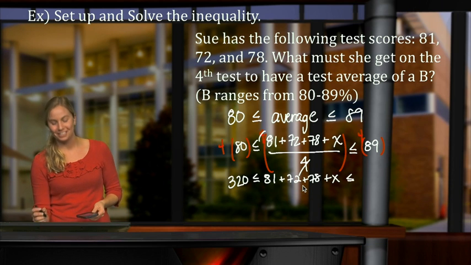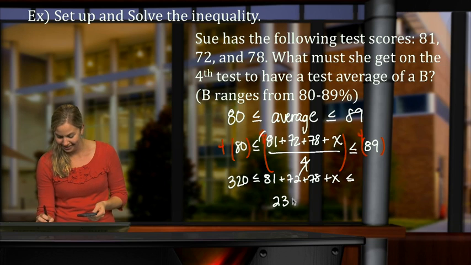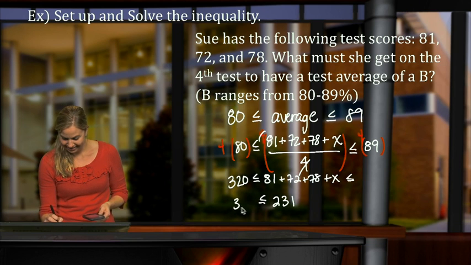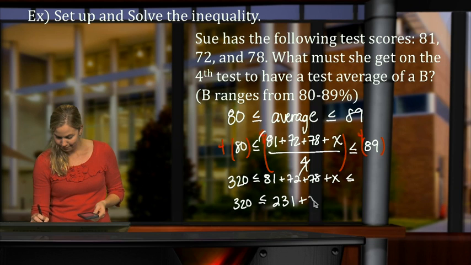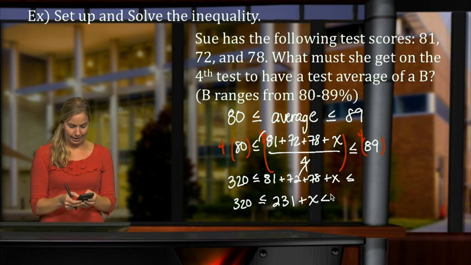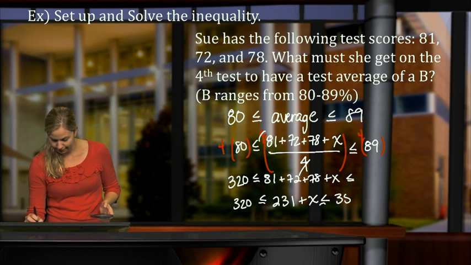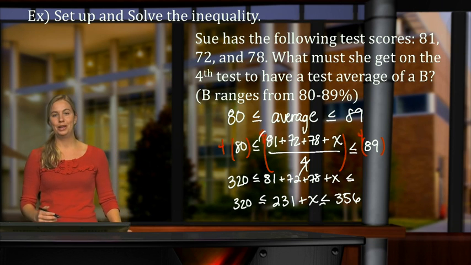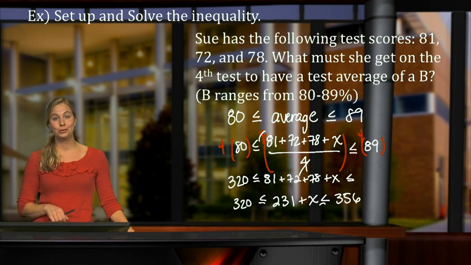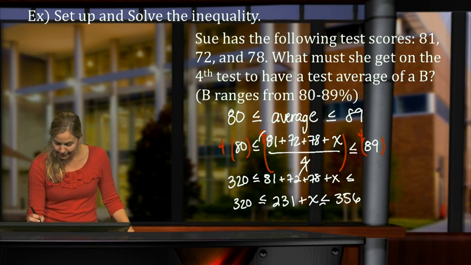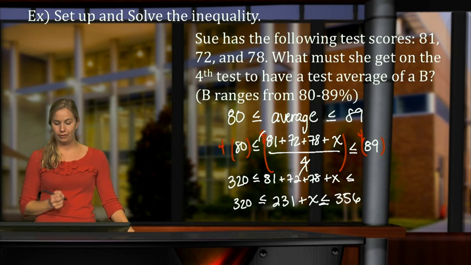The sum of these 3 test scores is 231. And 4 times 89 is 356. So we have 320 is less than or equal to 231 plus x is less than or equal to 356.